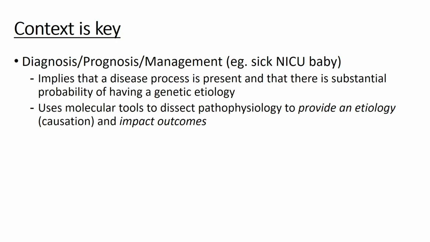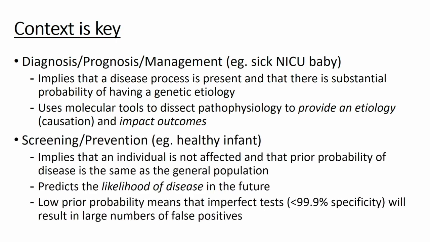And we use our molecular tools to dissect that pathophysiology to provide an etiology and impact their outcomes. In contrast, if we're thinking about the screening of a healthy infant, the individual themselves has a prior probability that's that of the general population. So the prevalence of that condition defines that person's prior probability to have a gene alteration. And really, we're predicting the likelihood of developing disease in the future.